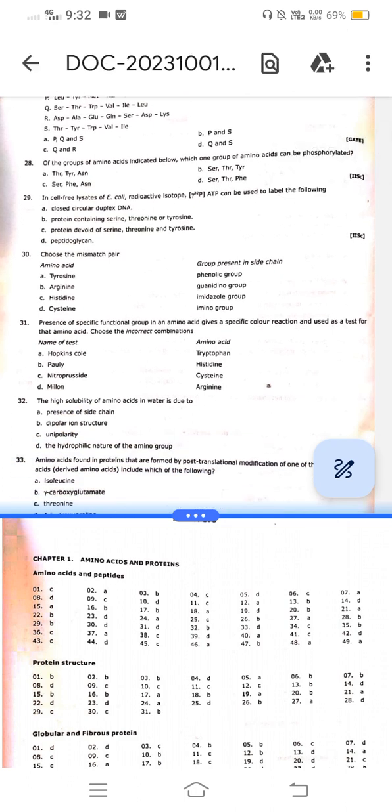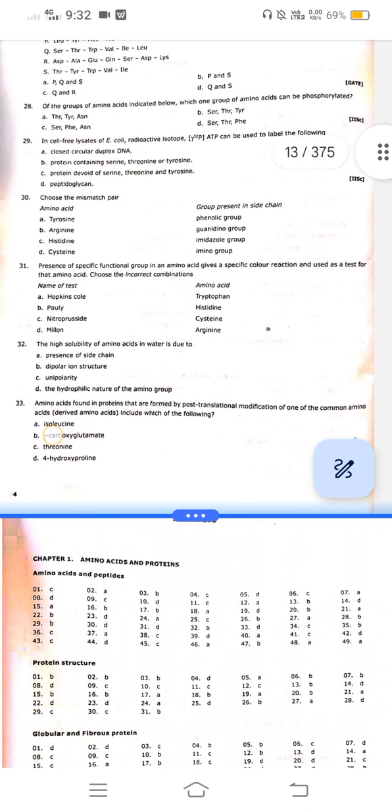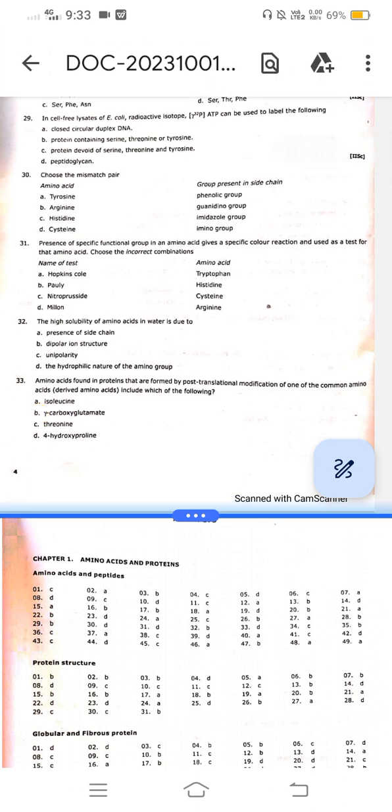And presence of specific functional group in an amino acid gives a specific color reaction and is used as a test for amino acid. Choose the correct combinations. D. D is the correct one. Millon arginine. All others are not correct. Okay. Millon arginine.